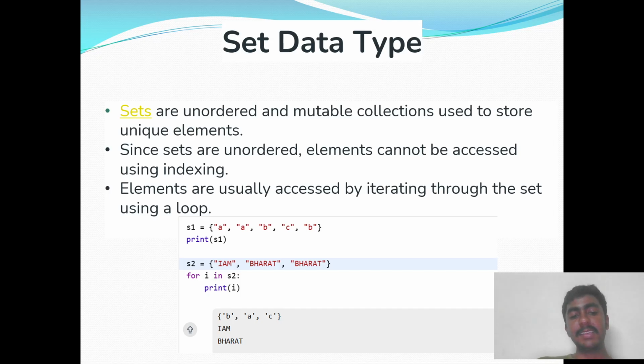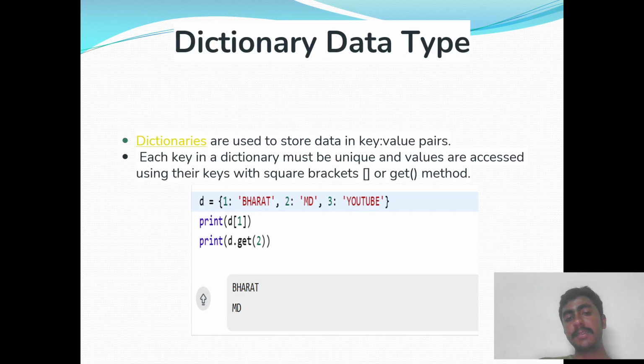So for accessing a set, we have S2, a separate set, and then we'll be using a for loop for traversing through each element of the set. So the dictionary data type is a key value type, which is very well understood by you guys.